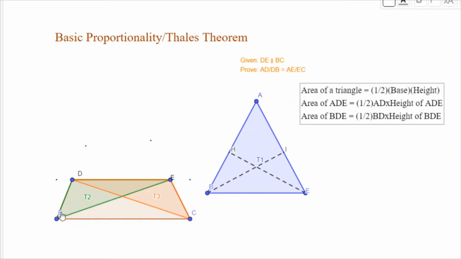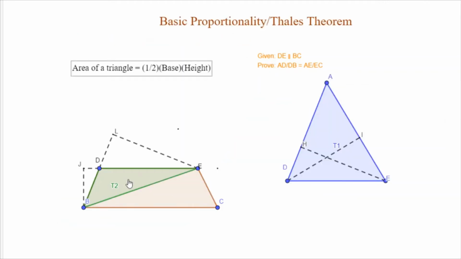Now let us check the same for triangles BDE and CDE. For triangle BDE, if you take DE as the base, BJ will be the height. Similarly, if you take BD as the base, then EL would be the height or altitude of the triangle T2, or BDE.